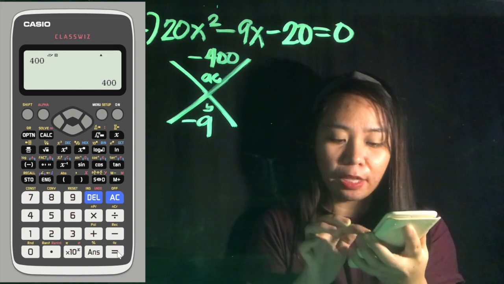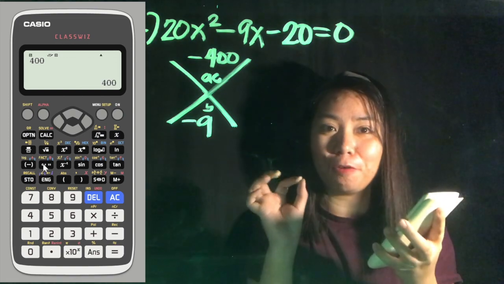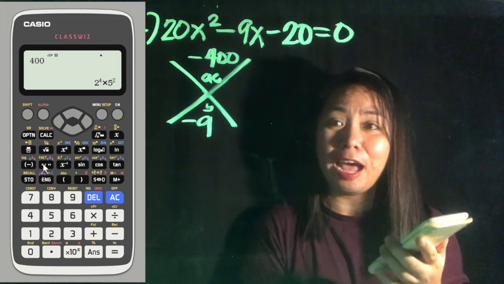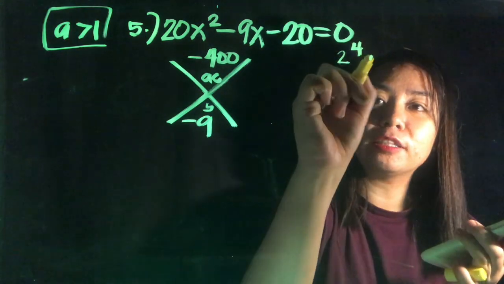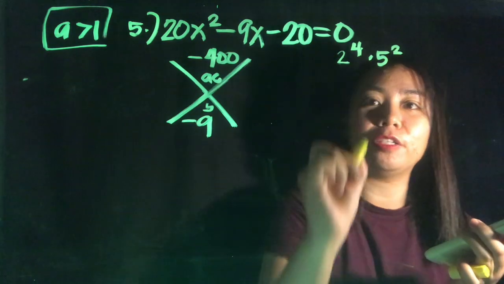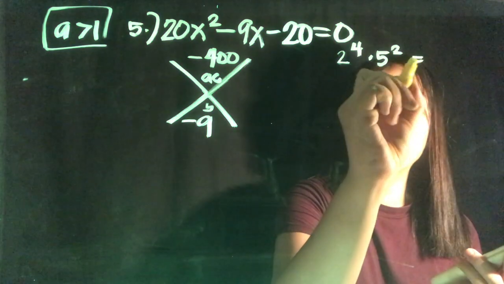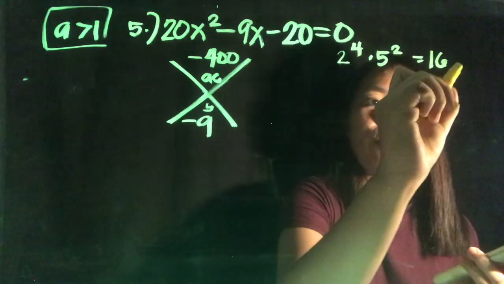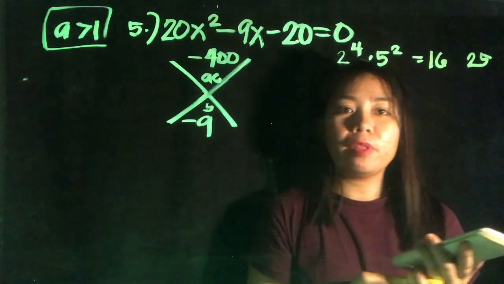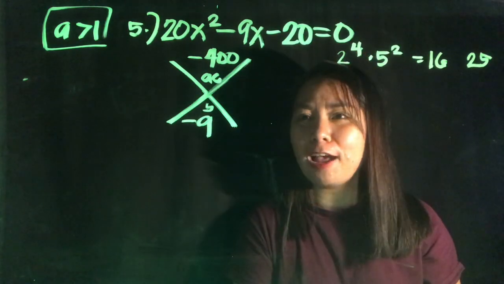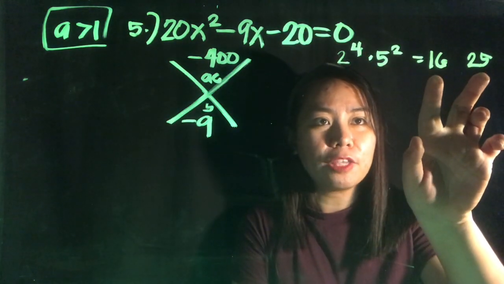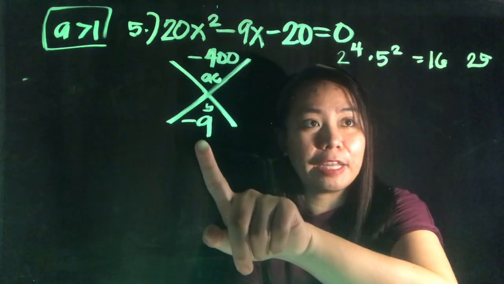Click shift and then fact. Makikita nyo po, prime factorization po yun. At ang lumabas po ay 2 raised to 4 times 5 squared. So, ang 2 raised to 4 po natin ay 16. Ang 5 squared ay 25. Upon checking, so kahit hindi pa ako maghanap ng ibang factors, if I subtract the numbers, ang sagot ay 9.